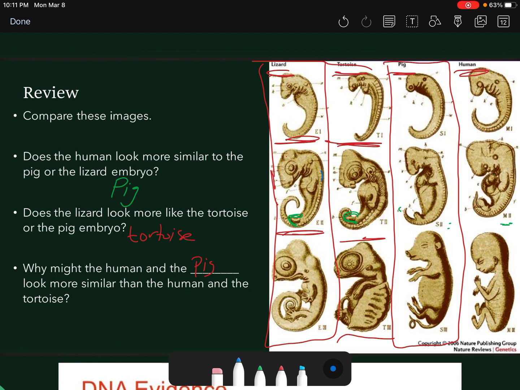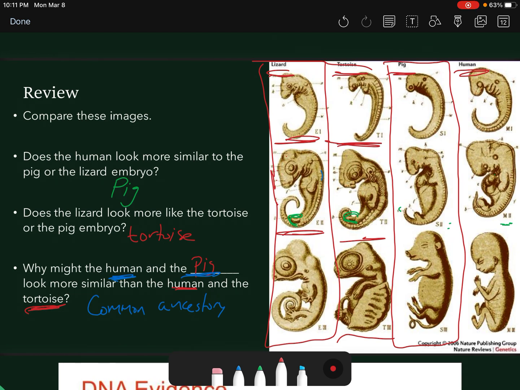Okay, so that is actually a quite simple answer. Common ancestry. Okay, so the pig and the human share a closer common ancestor than the human and the tortoise.